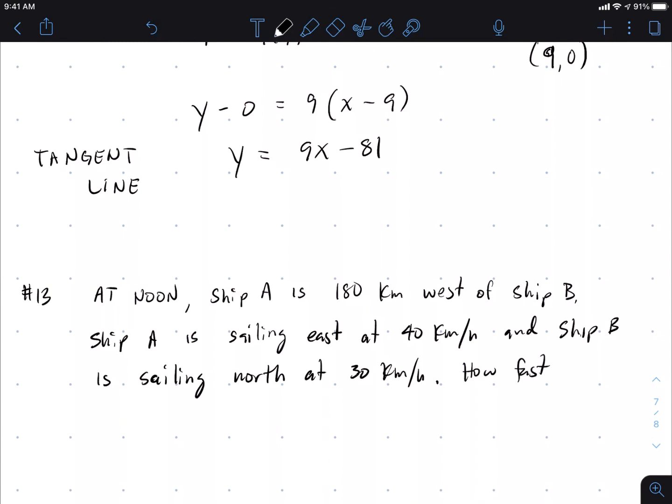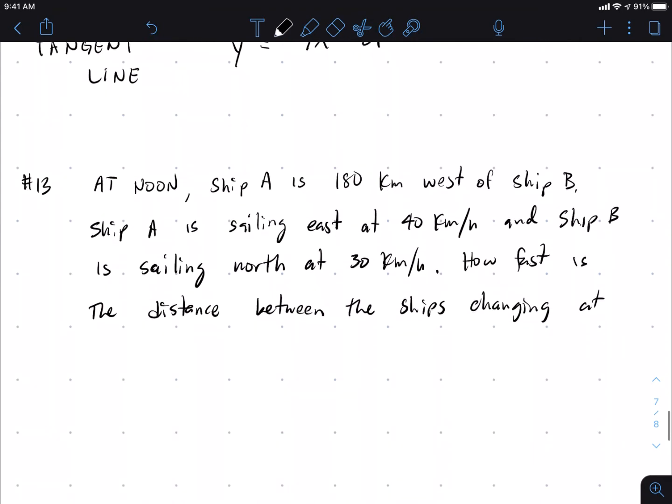How fast is the distance between the ships changing at 4 p.m.?